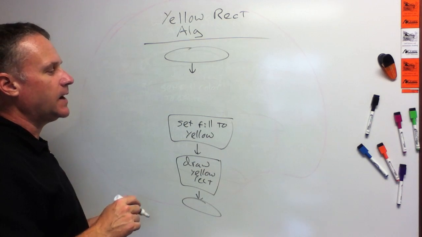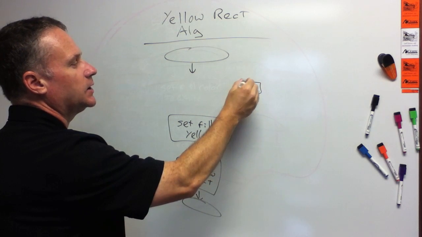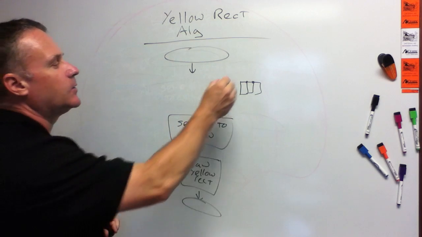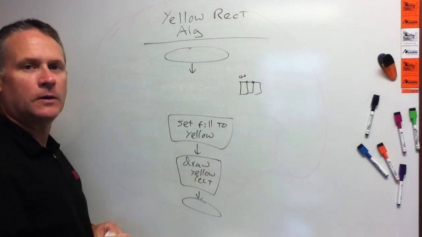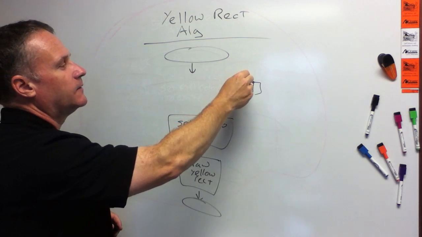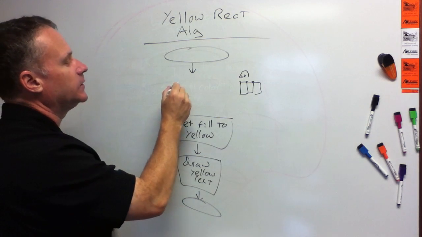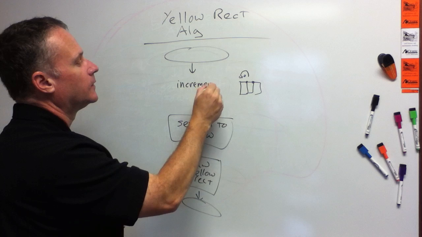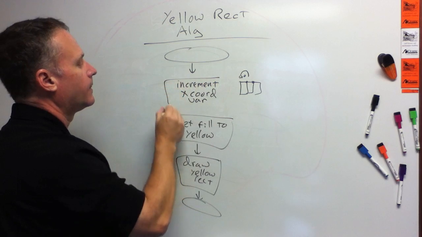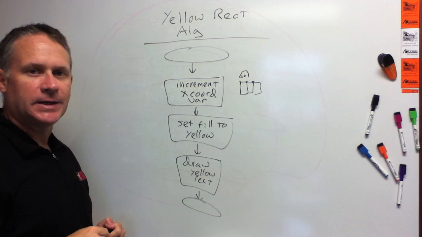But before I do that, remember we have a series of rectangles right next to each other, and the thing that was changing was the x-coordinate for the upper left corners of the rectangles. We started out over here at 0, 0, so I need to add a rectangle's worth of pixels to the x-coordinate to move over and draw the next rectangle. So what I'm going to do is increment my x-coordinate variable. Do that first, then change the fill color, then draw the yellow rectangle.